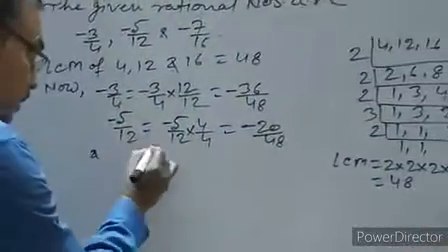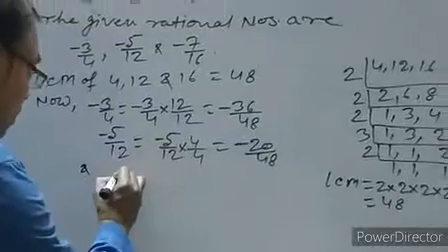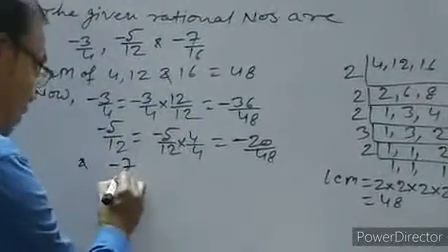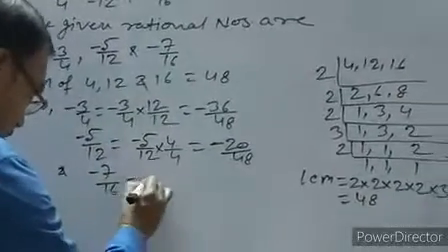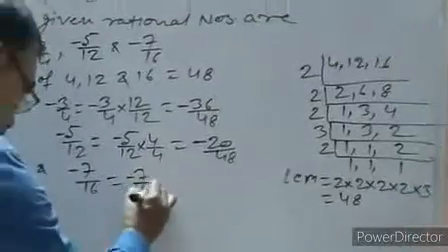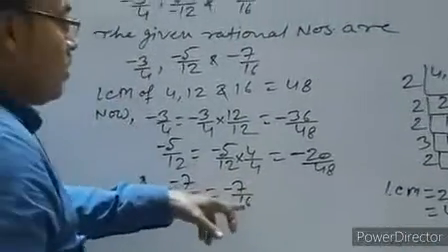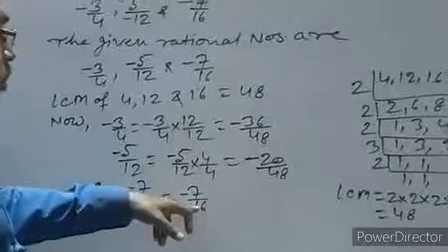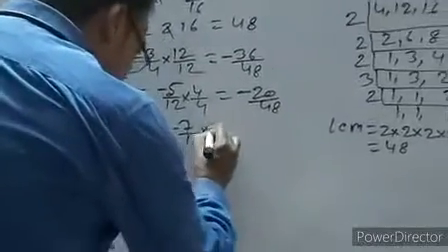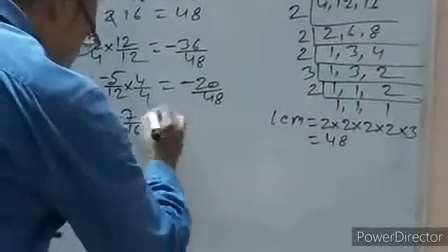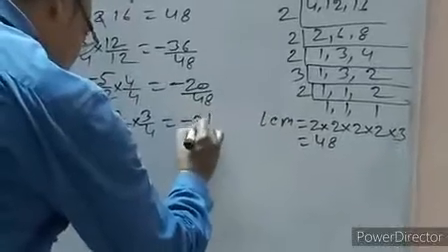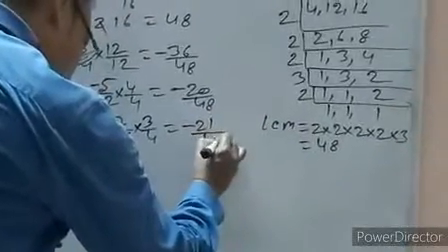And minus 7 by 16, we multiply 16 by 3 to get 48, so into 3 by 3 equals minus 21 by 48.